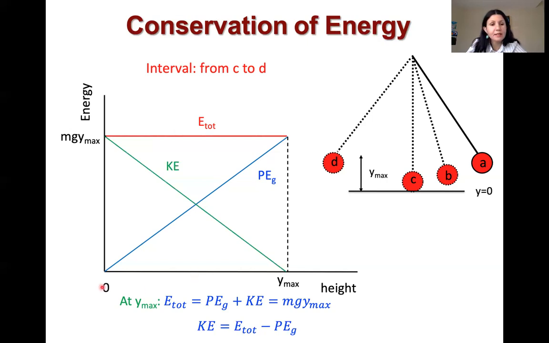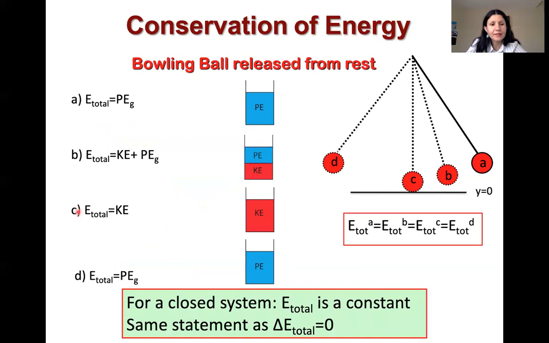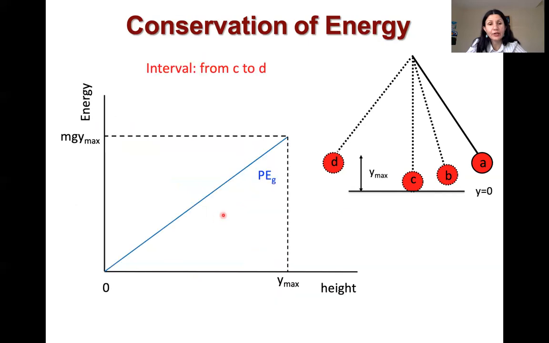What does this tell us? It tells us that at position 0 right here, the kinetic energy equals the total energy, which makes sense. If we go back to our previous graph, we see that at this minimum height of the bowling ball, it's all kinetic energy. And then at its maximum, it's all potential, so kinetic goes to 0.